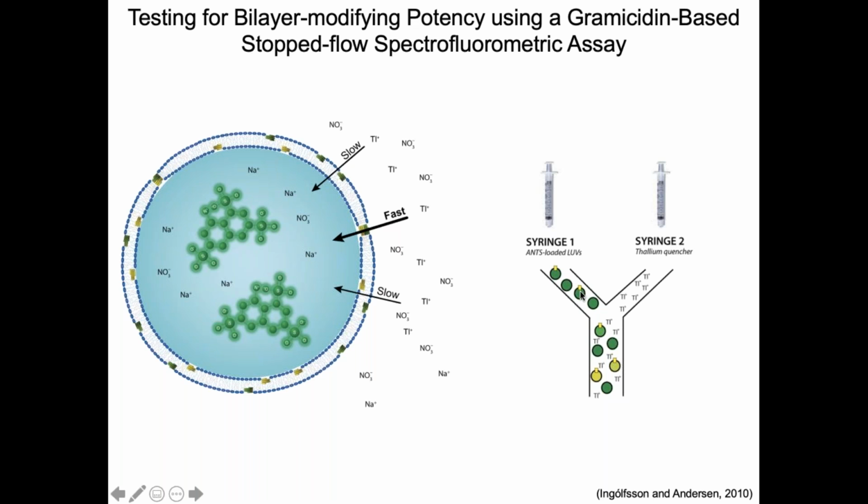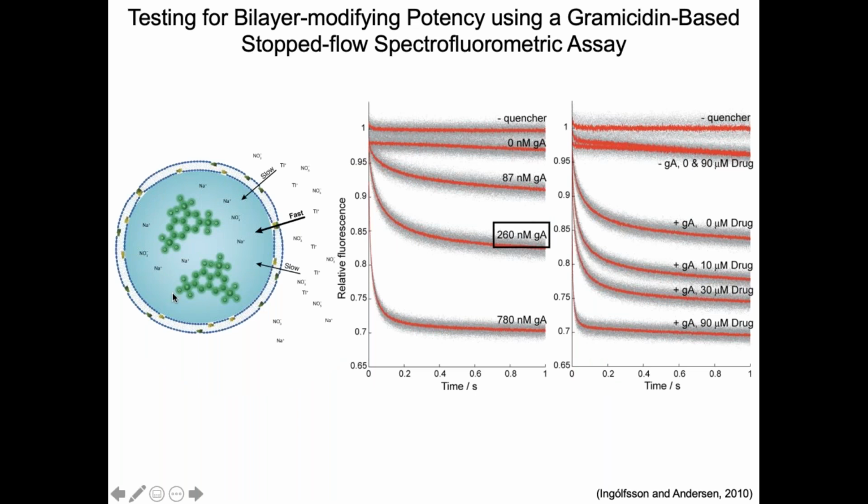We have the fluorophore-loaded vesicles here that we mix with the thallium quencher, and then in the optical cell we follow the time course of quenching. And you see here we have our vesicle, and this shows a 1 second trace in the absence of quencher, and then a trace with no gramicidin but exposed to quencher.